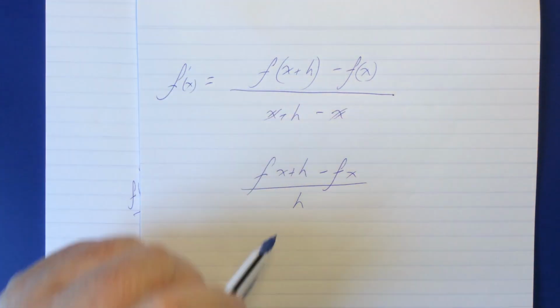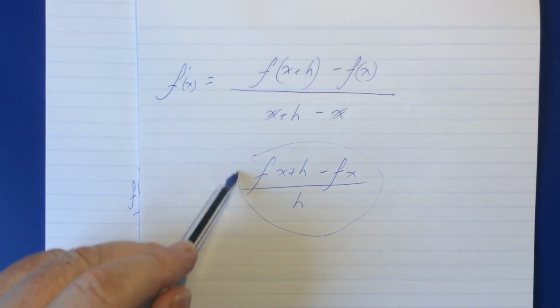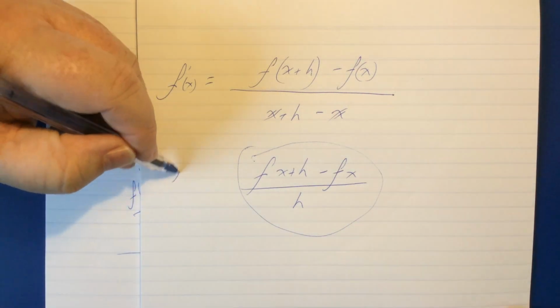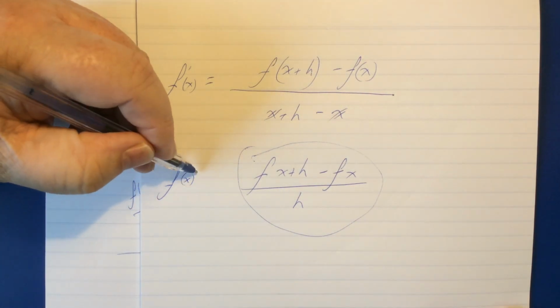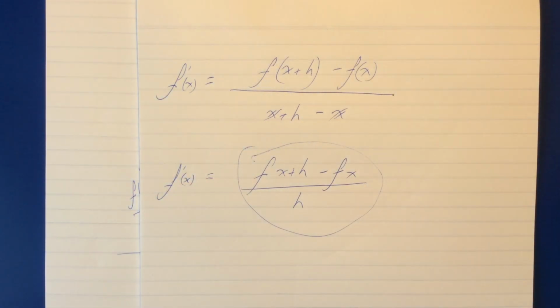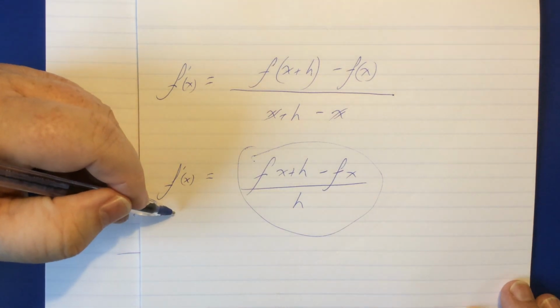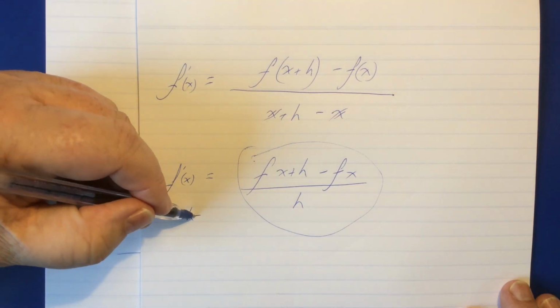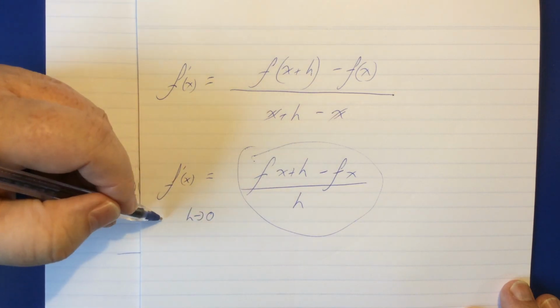This and this we can cancel out, and this is what you recognize as the components of the gradient function. Now, there's one other thing to take into account. h tends to 0.